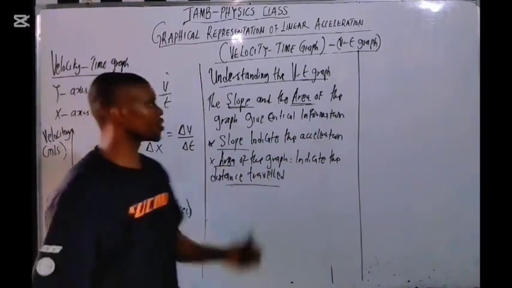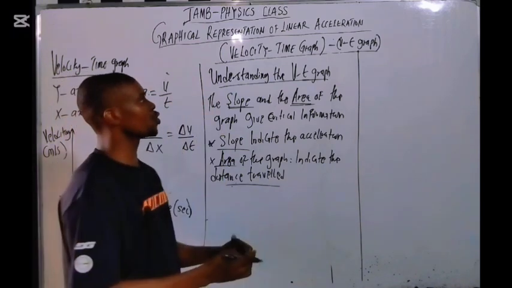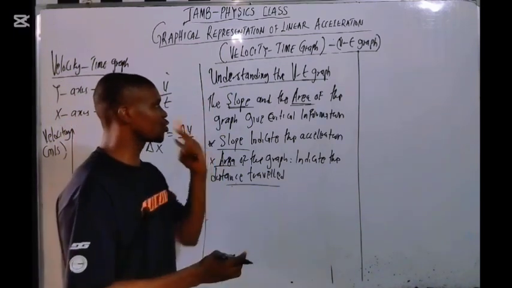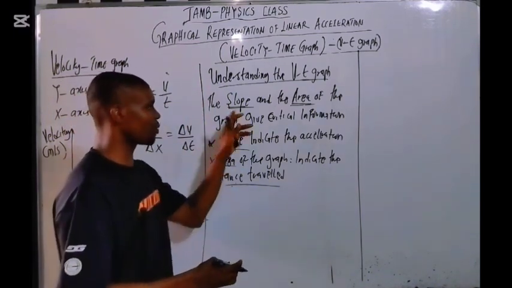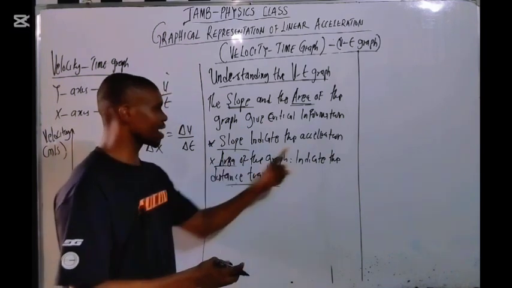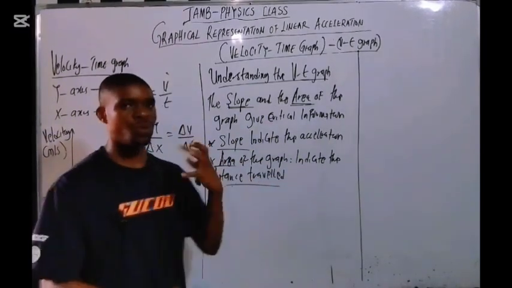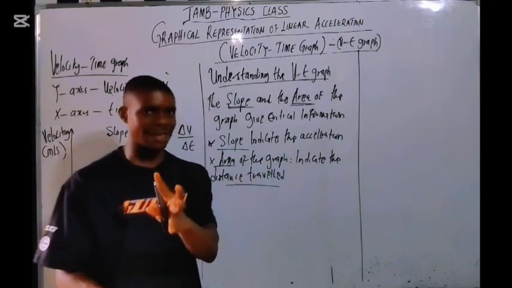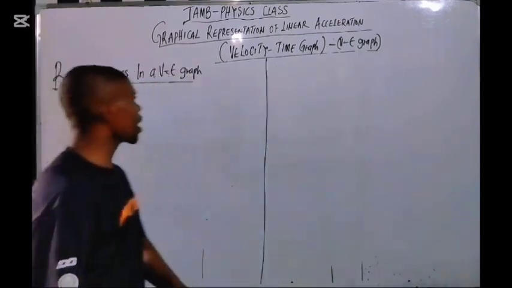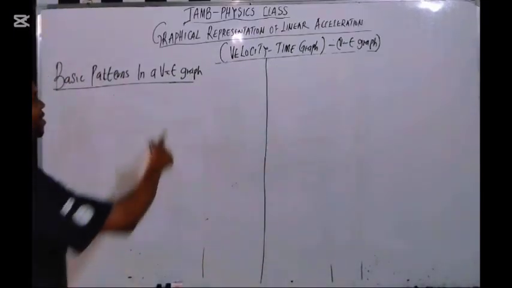Do you understand? These are the two key things you need to understand about the velocity time graph: slope indicates the acceleration, area indicates the distance traveled, because these are the things we have to solve calculations on. So let's look at the basic pattern in the VT graph.